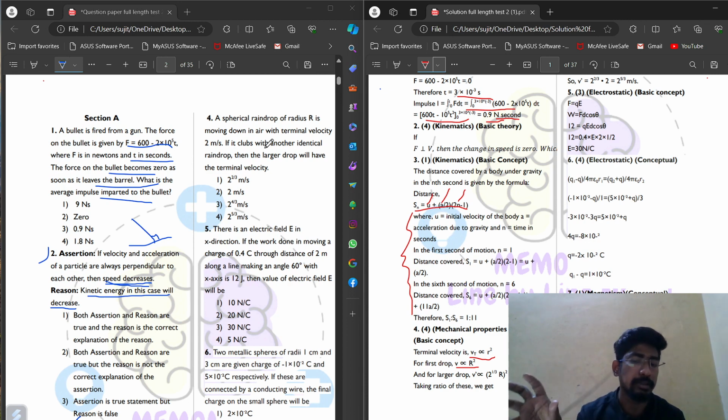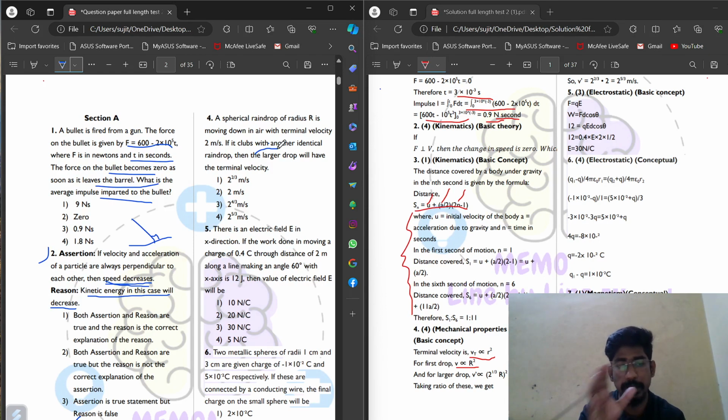The volume of the first raindrop multiplied by 2 will be equal to it. If you calculate the equation, you will get capital R, the radius of the particle found after clubbing two spherical raindrops.